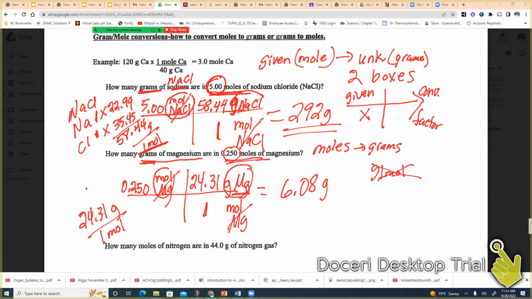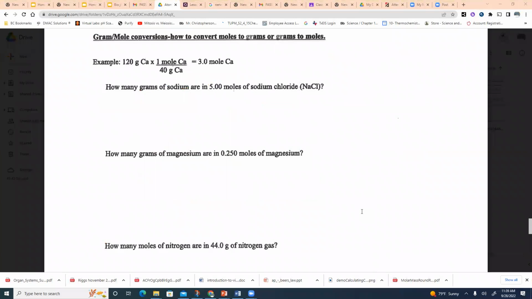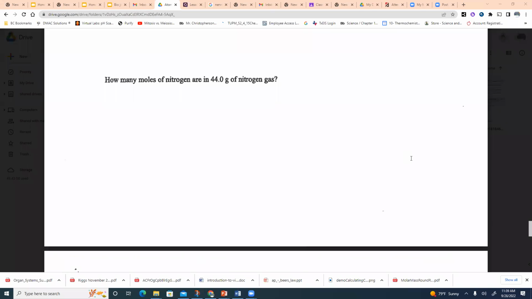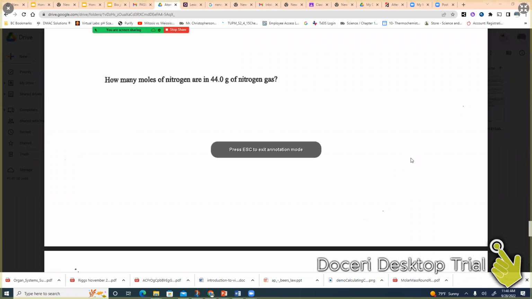So now let's flip it and we're going to go the other way. We're going to be given grams and we're going to want to get to moles. And this is going to show you one where you have a diatomic and you have to remember it's a diatomic. All right, so here my given is in grams, or it could say mass.